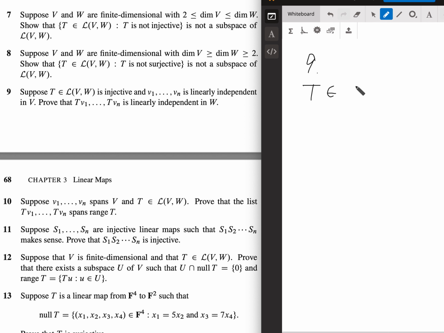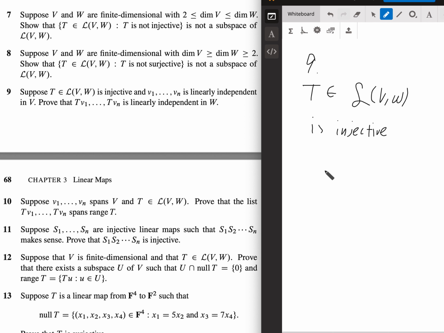So question 9: suppose that the linear transformation T is injective, and we want to show that TV1 through TVn is linearly independent. We once reviewed our linear independence proof. This is actually not too bad.